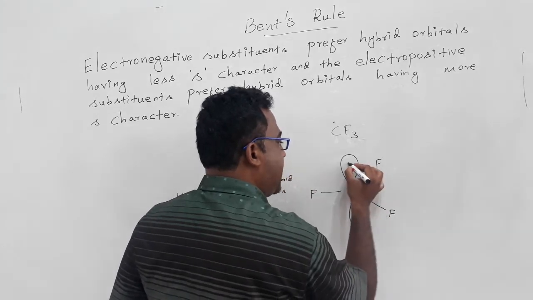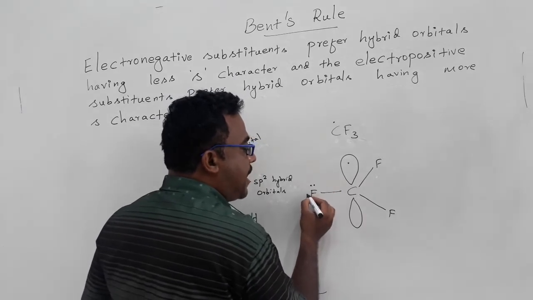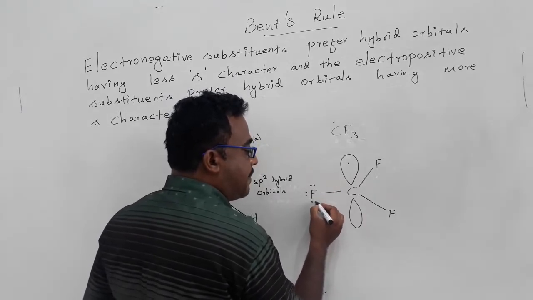It has a p orbital which has an unpaired electron, and fluorine has 3 non-bonded pairs of electrons. That we have to remember.